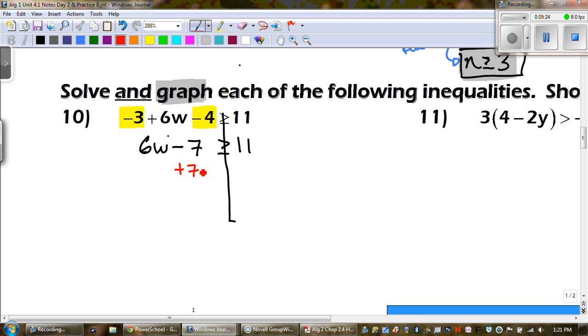You have to cancel subtraction with addition. So I'm adding 7 to both sides, so we get 6w is greater than or equal to 18. And to get the w all by itself, we have to divide both sides by 6. And we get w is greater than or equal to 3.